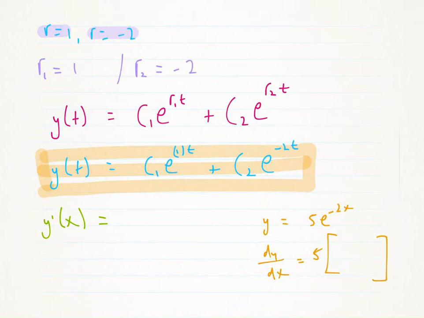So it's going to be e to the minus 2x, you write it out again, multiplied by, and you differentiate whatever is here. So if I differentiate minus 2x, I get minus 2. So my answer here will be minus 10 e to the minus 2x.